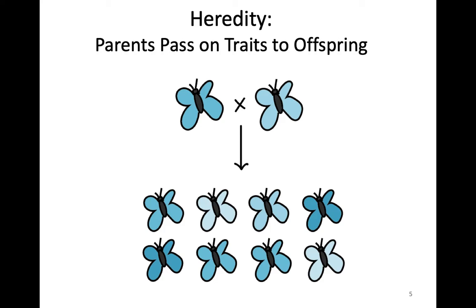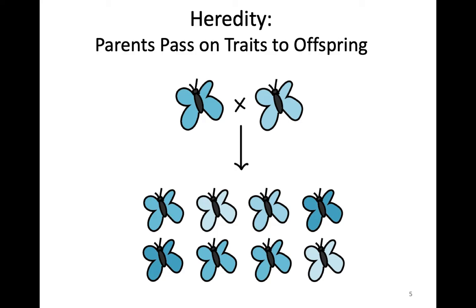I reviewed some of this terminology last time, but I'll just go over it as a review. Heredity is just the idea that parents pass on traits to offspring, and a heritable trait is one that is passed on from parents to children by way of genes. And so that can be physical characteristics.